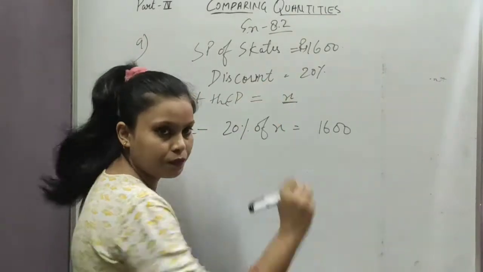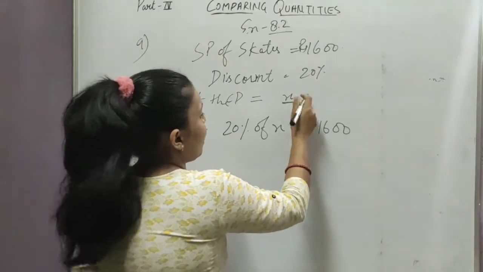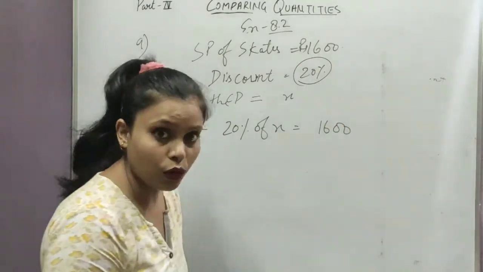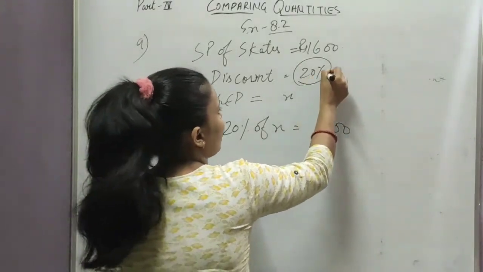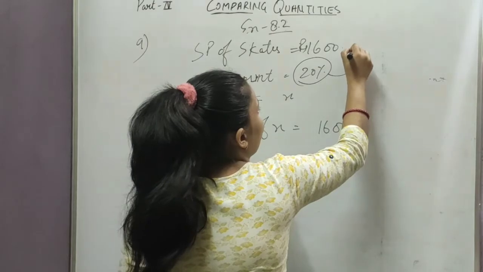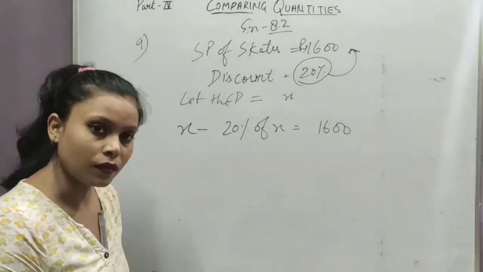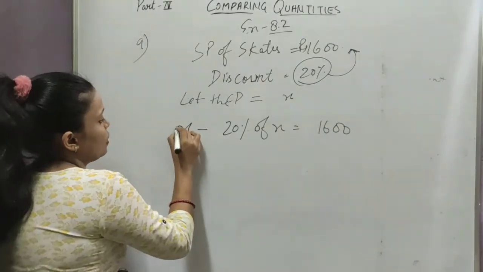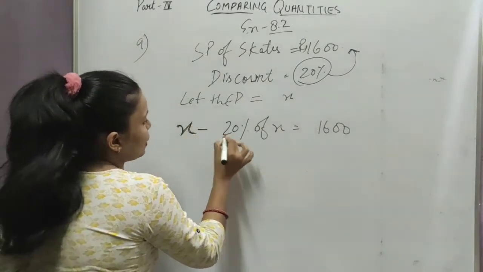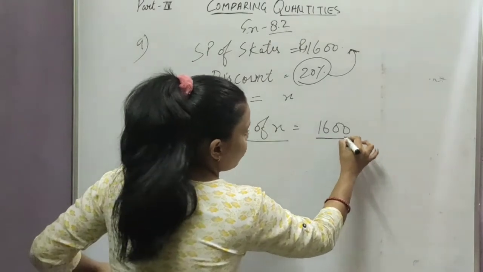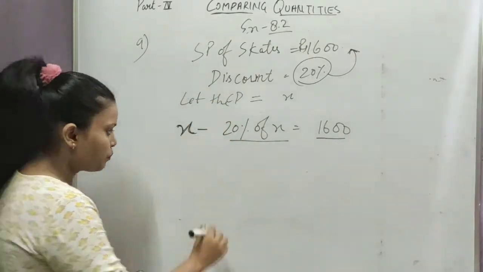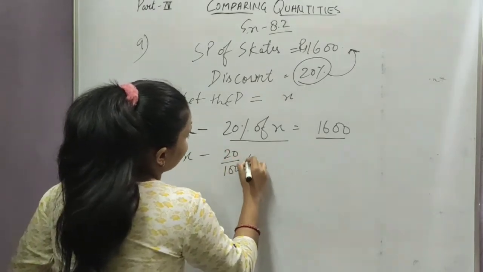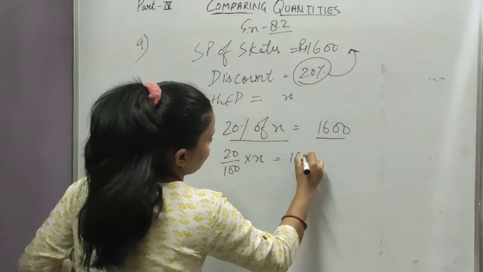This was CP, and from this CP the shopkeeper has given 20% discount also. After the discount, we got the price 1600. So same thing we have done: CP minus discount is equal to SP. So X minus 20 divided by 100 multiplied by X is equal to 1600.